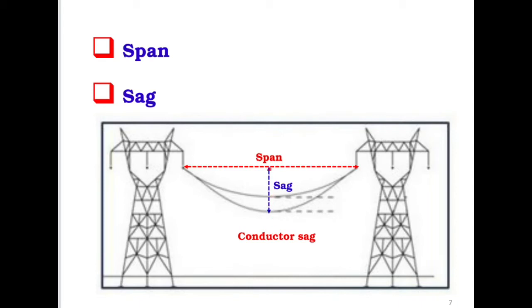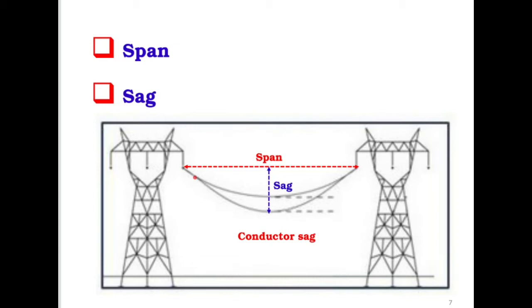Sag is the vertical distance between the point of support and the lowest point of the conductor. I was repeating because I said lowest point of the conductor. Why is it the lowest point? That is where the conductor has the maximum distance between the point on the conductor and the point of support.